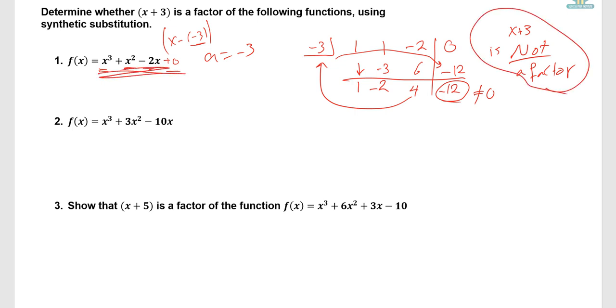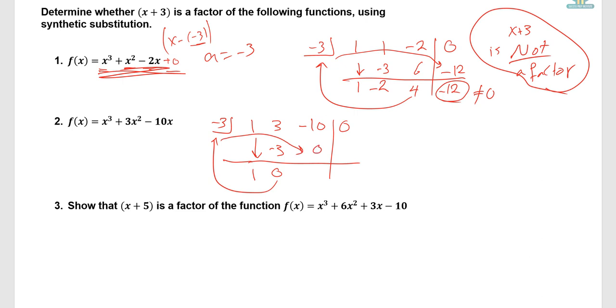Okay? Let's look at the next exercise. Minus 3, and then we have 1, 3, minus 10, and 0. Do this to get the remainder. Drop the first term, 1, and then 1 times minus 3 is minus 3. 3 minus 3 is 0. 0 times minus 3 is 0.